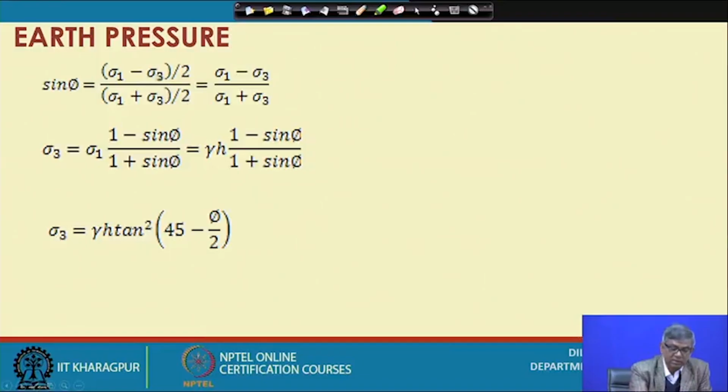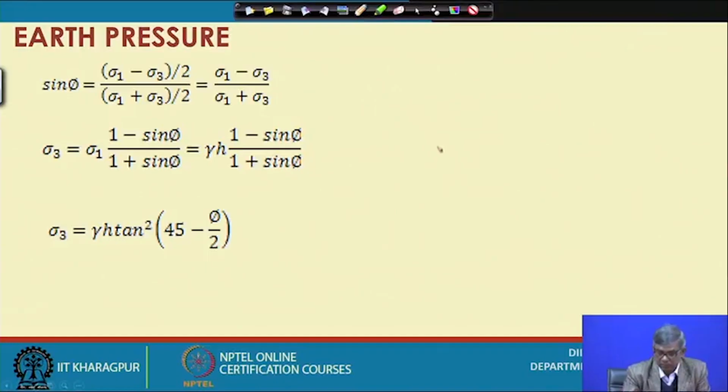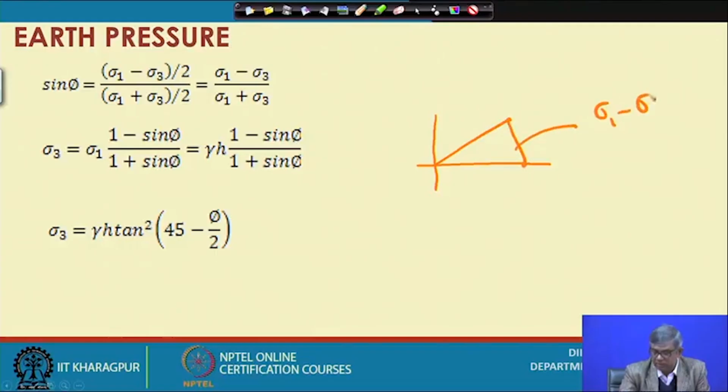This circle was like this. So this was sigma 1 minus sigma 3 by 2, and this one was sigma 1 plus sigma 3 by 2.